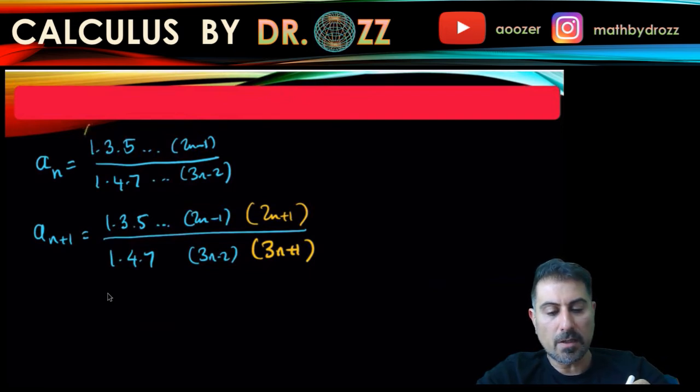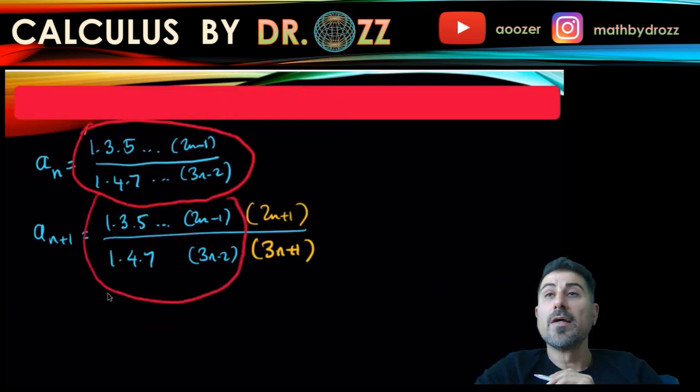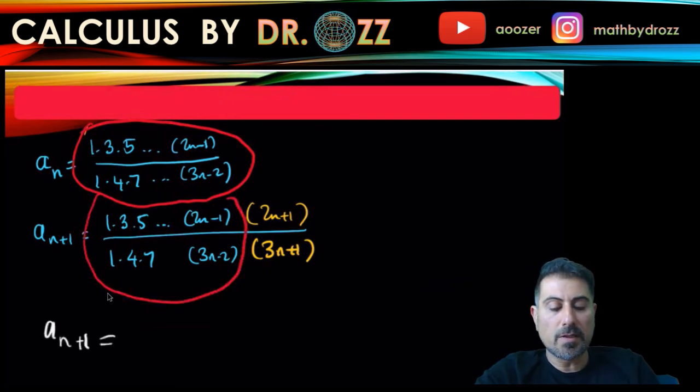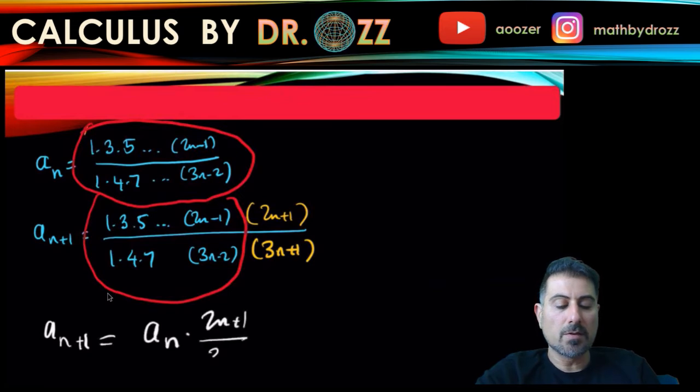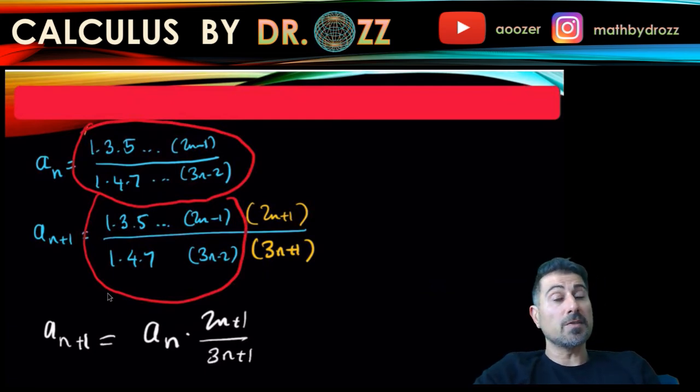Let me just use a different color. So this part is already a_n, right? So in other words, what I'm trying to say is that a_(n+1) is a_n times (2n+1) over (3n+1). So whenever I multiply a_n by (2n+1) over (3n+1), I get a_(n+1).